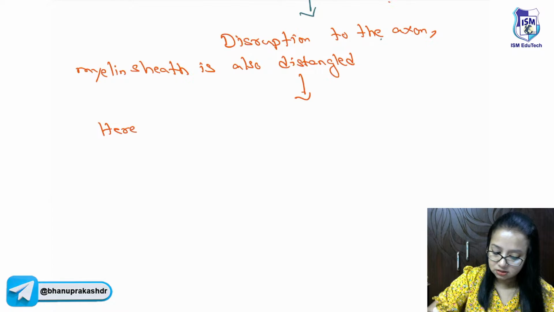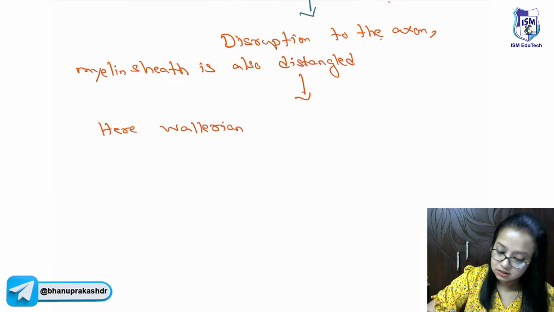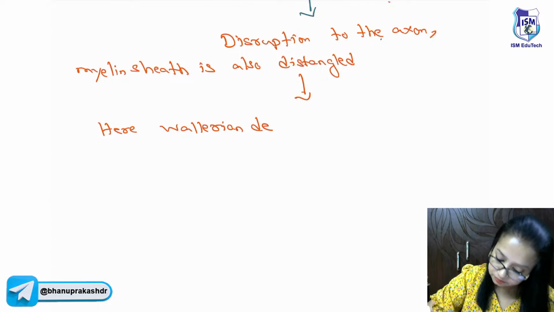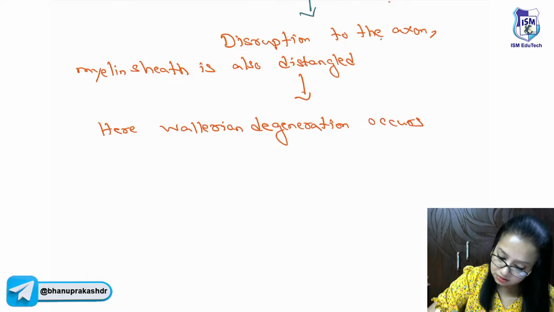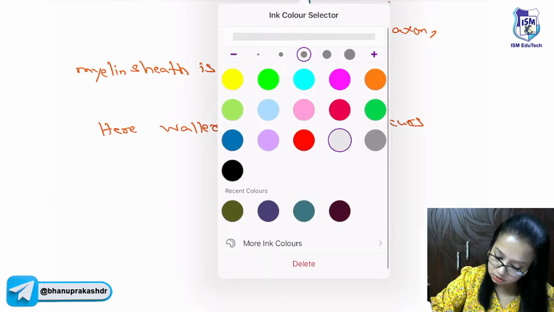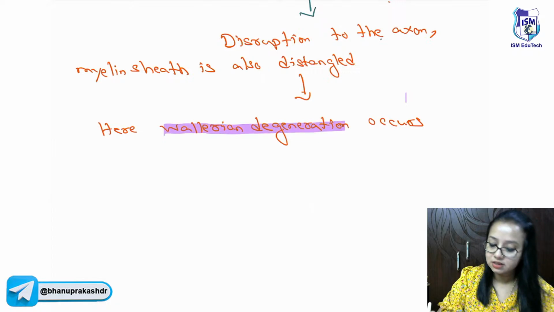Here Wallerian degeneration occurs. Now, what is Wallerian degeneration? This is our next topic.